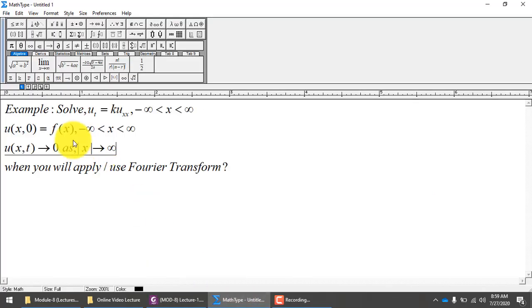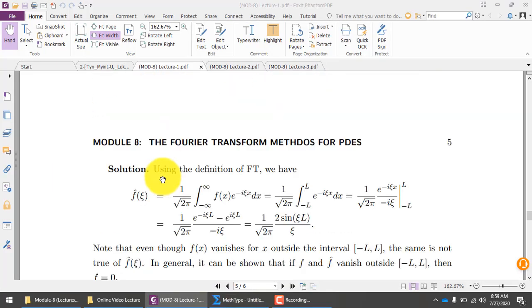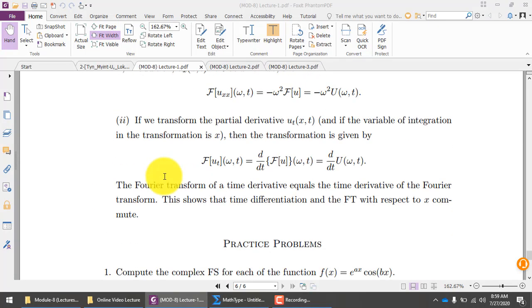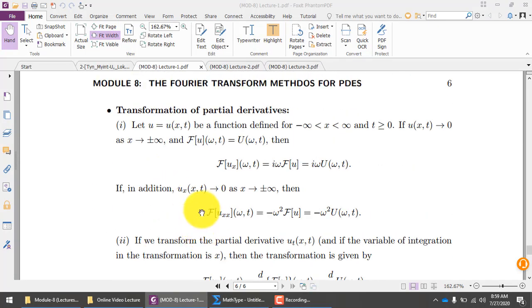Number 1. Number 2 is that when you have this type of condition, look back at the derivative property of Fourier transform. In that lecture I gave you the exercise, you just have to read out the condition regarding the derivative as well. So Fourier transform of double derivative is actually minus omega square and Fourier transform of u. Number 2 is that when x mod tends to infinity, u tends to 0.